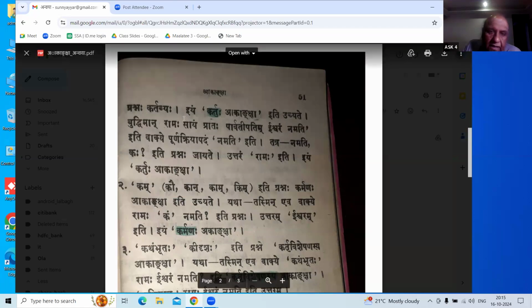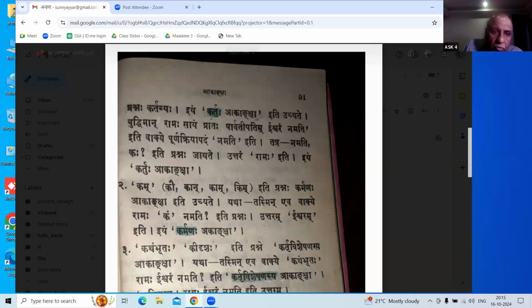We are trying to derive the prose order for this particular sentence using these methods. We started with finding the subject, because in the prose order we have to construct the sentence in the order of subject, object, and verb. So first we did the kartru akanksha to find out the subject. To find out the subject, we used the interrogative kaha.